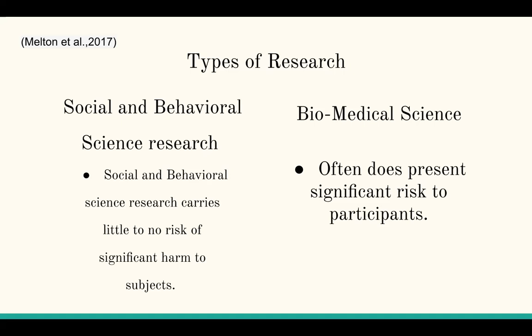Social and behavioral science research is not going to have significant harm to the subjects because you're going to be looking more at social cues, social behavior, and the behavior of certain participants and how they're interacting with others, for example. An example for biomedical science could be a clinical trial, new treatment, or drug trials.